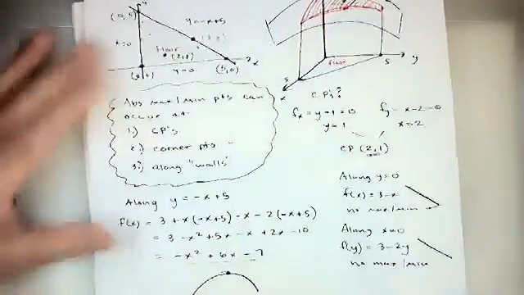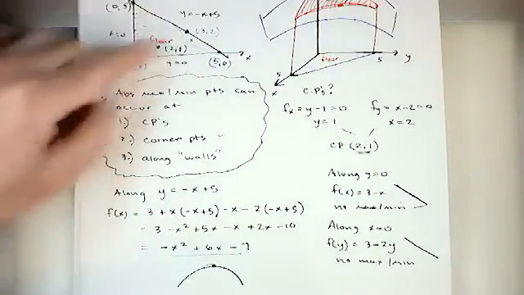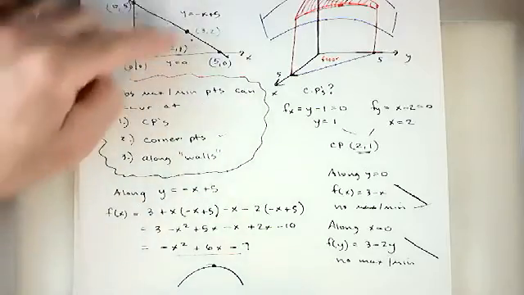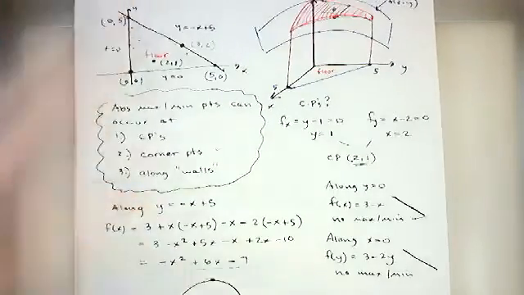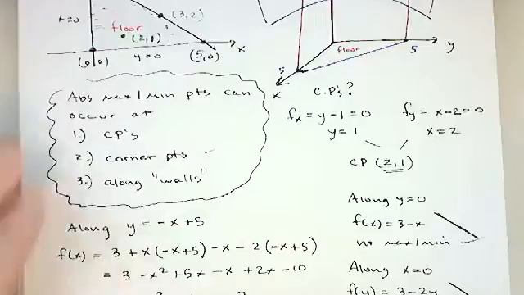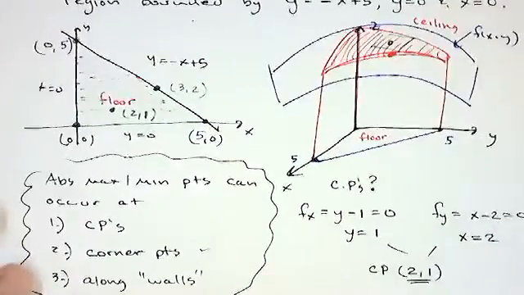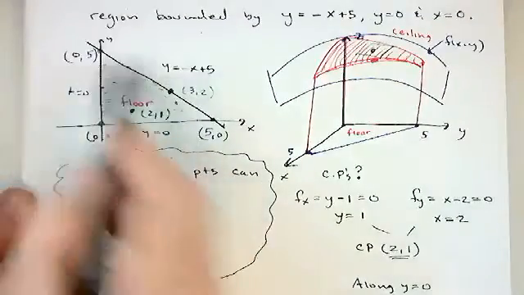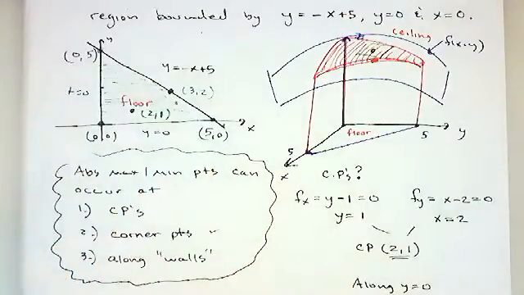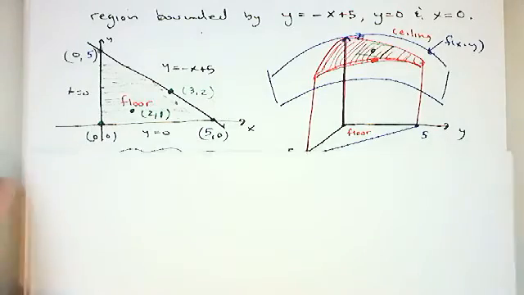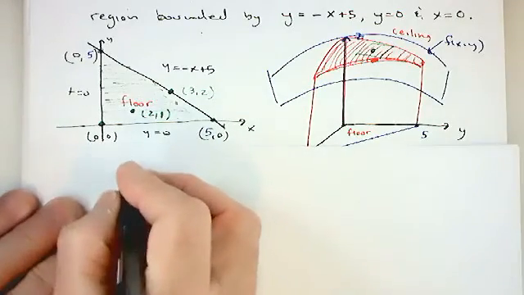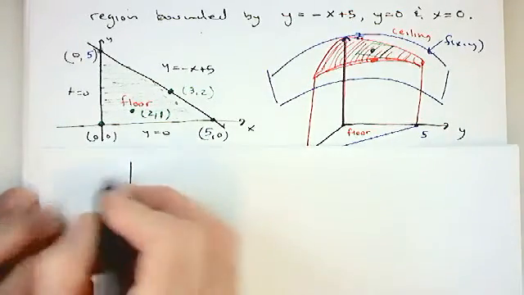Once you've investigated everything, we've got our critical point, we have our 3 corner points, we checked out the 3 walls, and we found out that the only wall that has a point that's interesting is the hypotenuse, which has that point 3, negative 2. So then what you do is you just get a list going of your candidates.